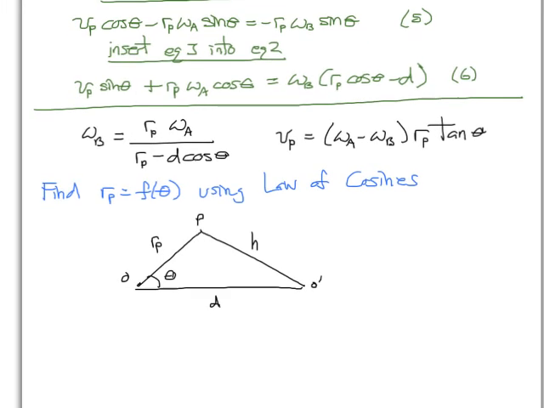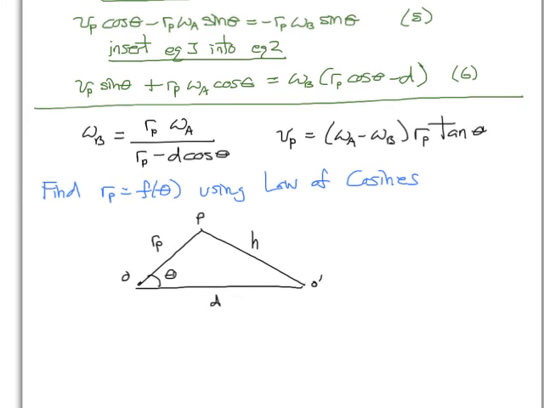With the law of cosines, we find the expression H squared is equal to R sub P squared plus D squared minus 2 R sub P D cosine theta.